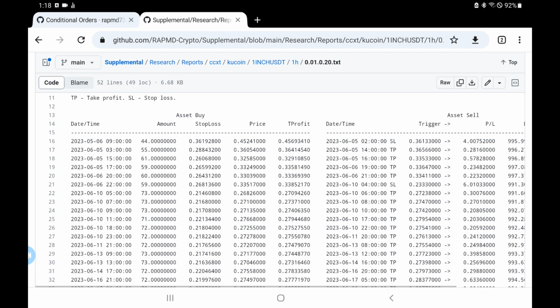I didn't use any strategy because I didn't want this to become an analysis of the strategy itself.